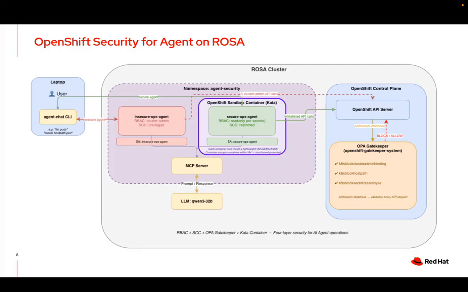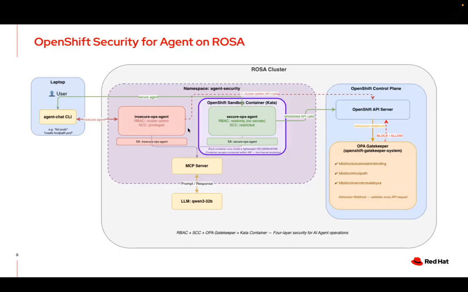It utilizes an MCP server and also an LLM model to be able to do some OpenShift operations. By the way, in the slide, this is my environment running on ROSA, but it doesn't matter. It's running on OpenShift. It just works fine.